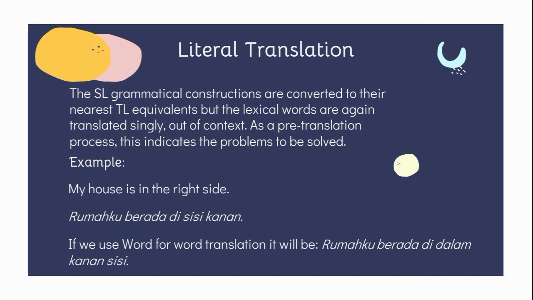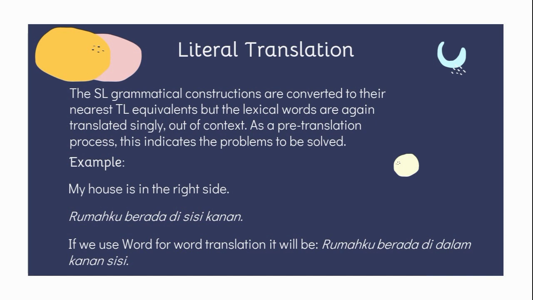Example, the source language is my house is in the right side, and the target language is rumahku berada di sisi kanan. Meanwhile, if we use word-for-word translation, it will be rumahku berada di dalam kanan sisi.